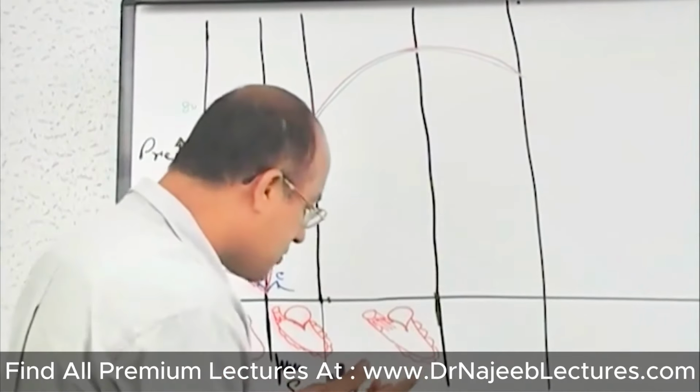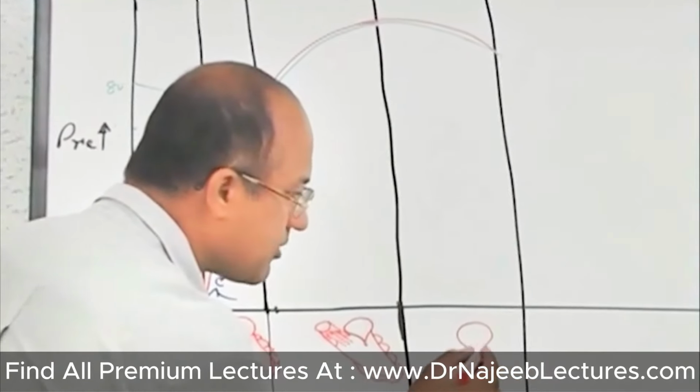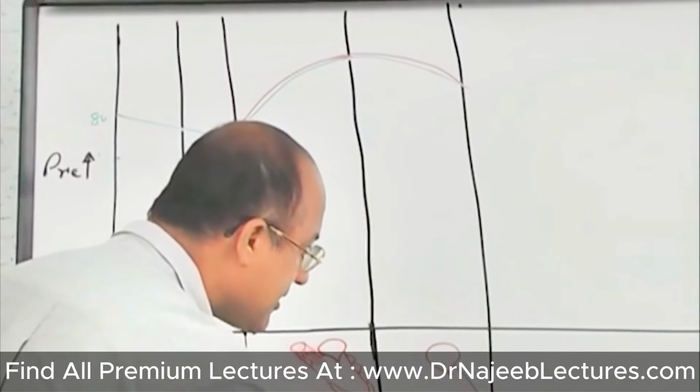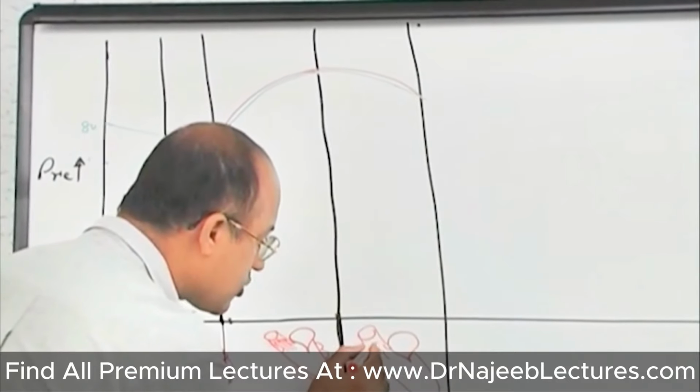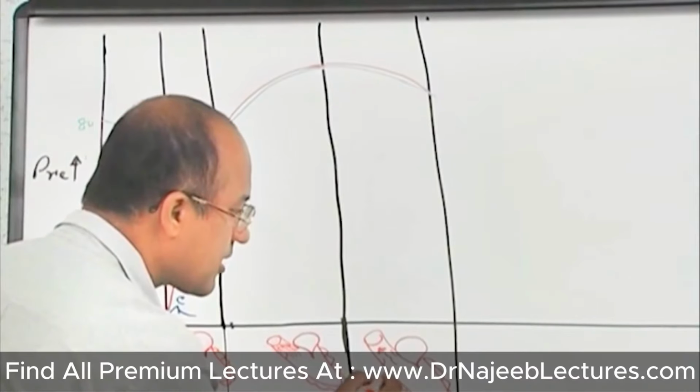The diagram which we can draw at this stage is, again, with this valve closed. What is this valve? Mitral valve. The aortic valve is still open, but there is slow outflow, not rapid ejection, and the ventricle is still contracting.